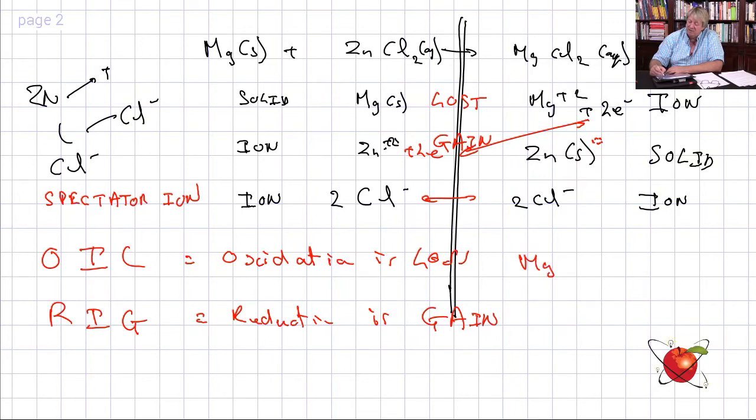So we look who loses, and we say, okay, magnesium lost here and zinc gained. So in this case, oxidation is loss. So magnesium oxidized and zinc reduced. Okay, so when we're looking at these reactions here, what we do is we go through the process.